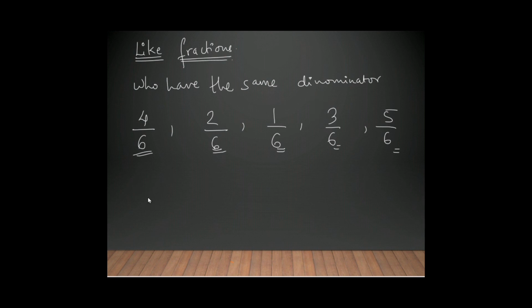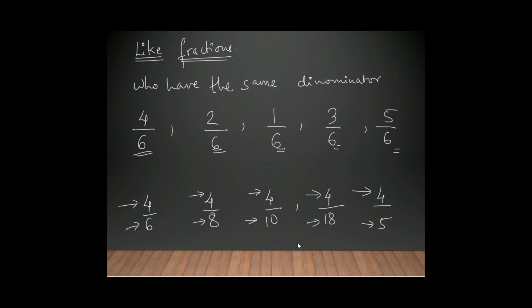If I have something like 4/6 and 4/8 or 4/10 or 4/18 or 4/5, I have the same number in the numerator. But if you focus on the denominator, all the denominators are different from each other.